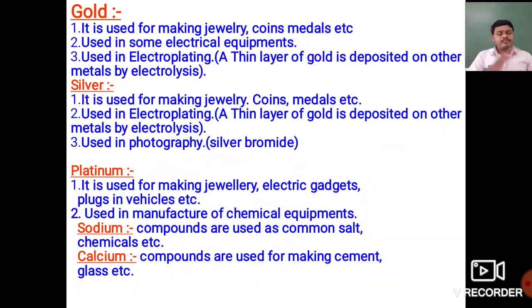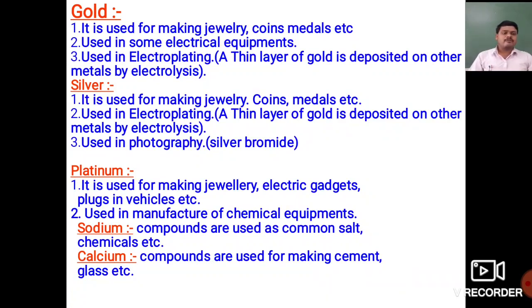So while the extraction or the zooming of the pictures, as well as clearance of the pictures, or while the printing of those images, this silver bromide will be used as a photographic phenomenon. So hence the silver will be used in photography also.